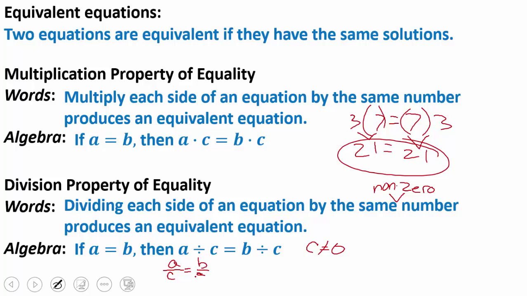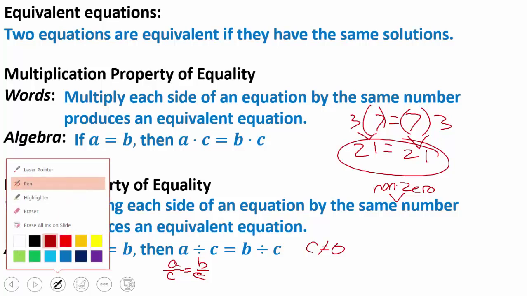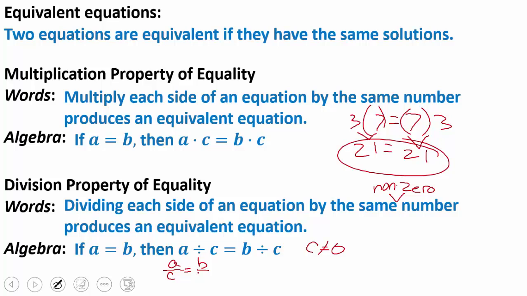A divided by C is equal to B divided by C. And of course, numerically, if I have 30 is equal to 30, and I divide both sides by 5, I would get 6 is equal to 6.